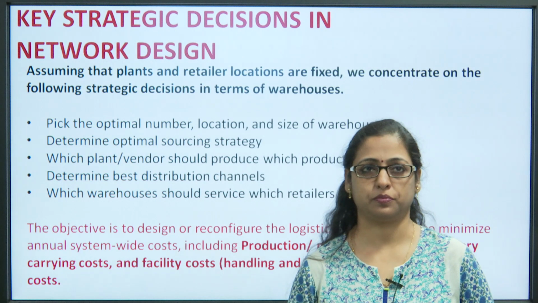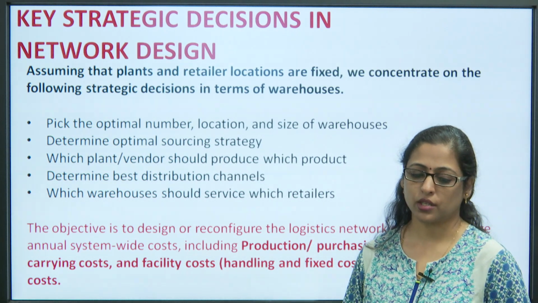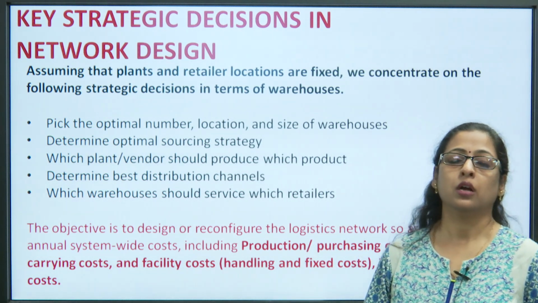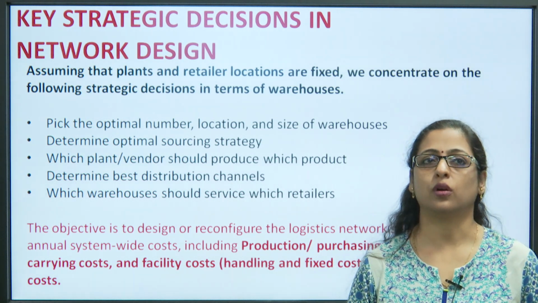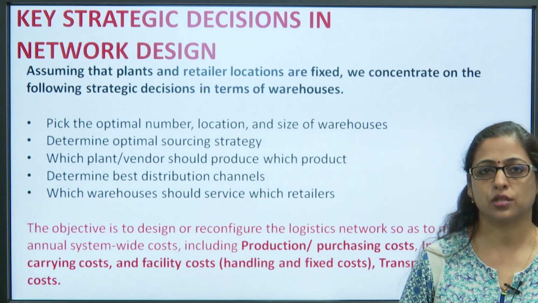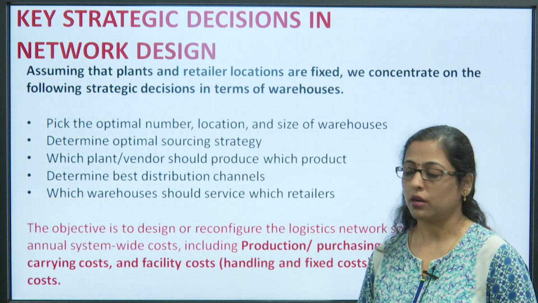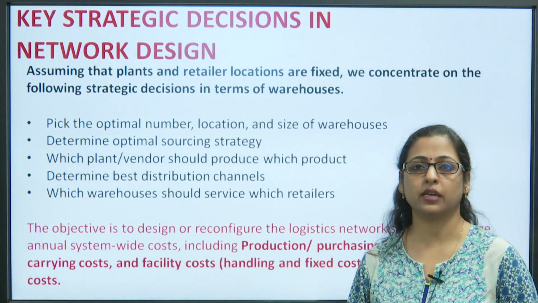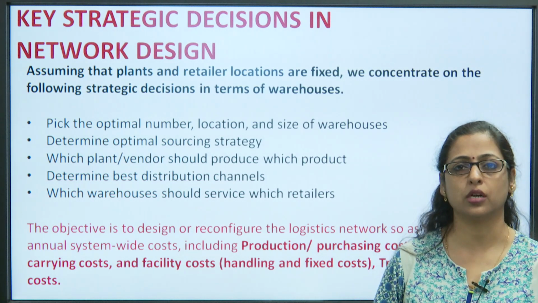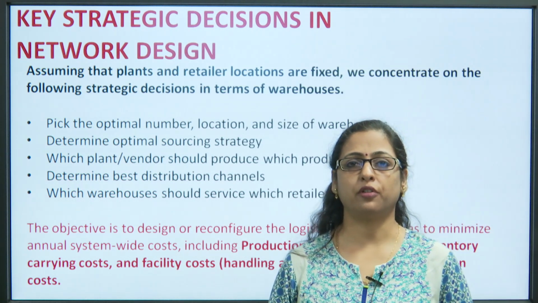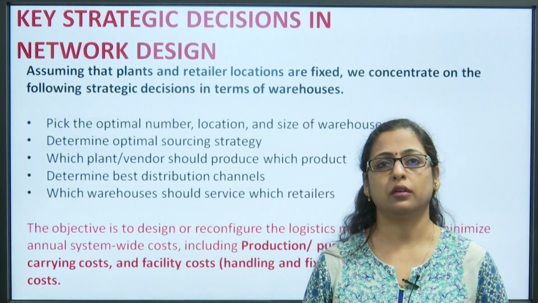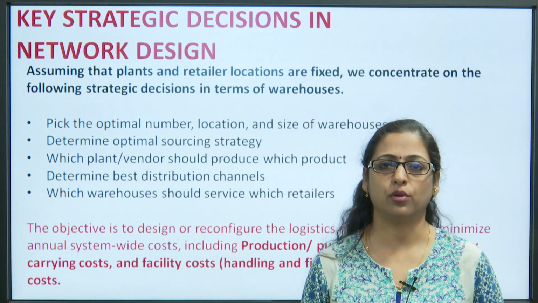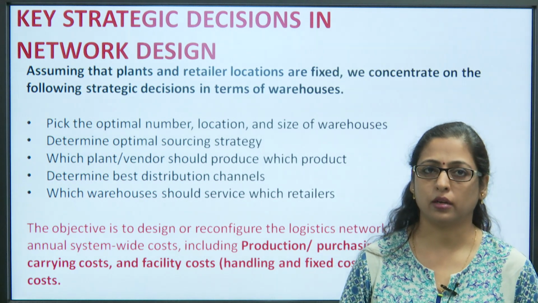Key strategic decisions in network design: the assumption here is that the plant and retailer locations are fixed, and we concentrate on the following strategic decisions in terms of warehouses. In this particular discussion, we have taken the decision-making periphery by concentrating on the warehouse only and not on any other aspect.